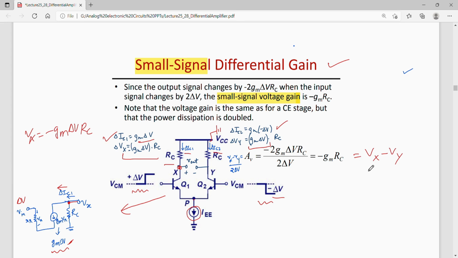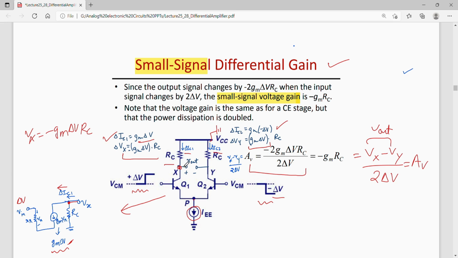This is the output, Vx minus Vy, and if I divide by the input, which is delta V here and delta V here, that is 2 delta V, this will give me the gain.